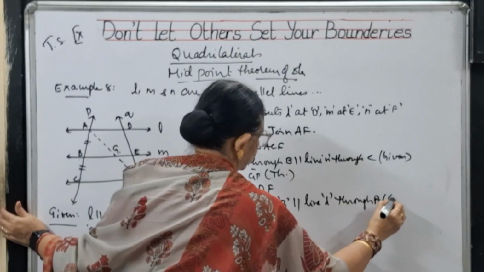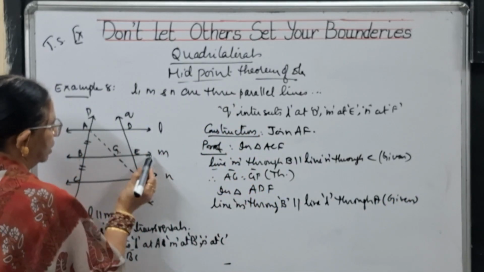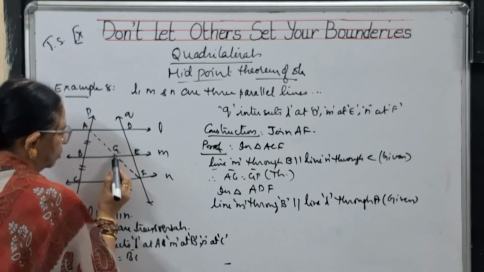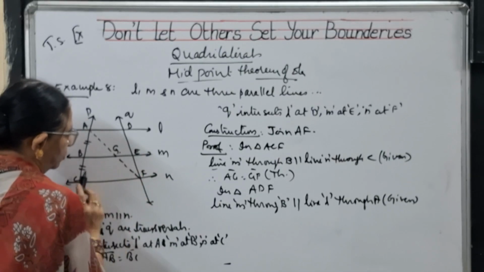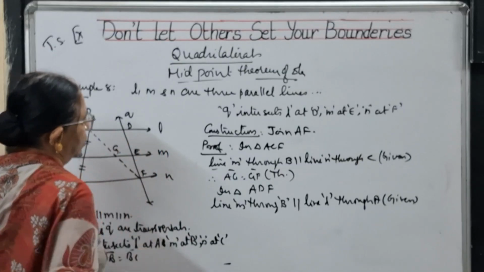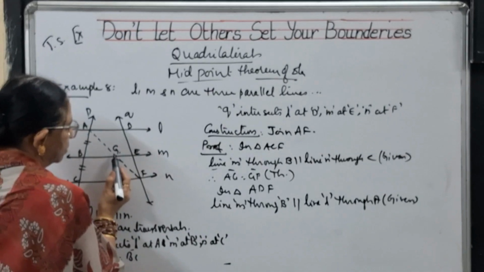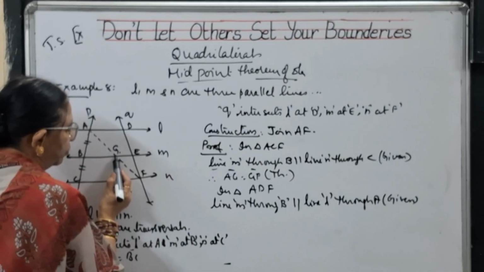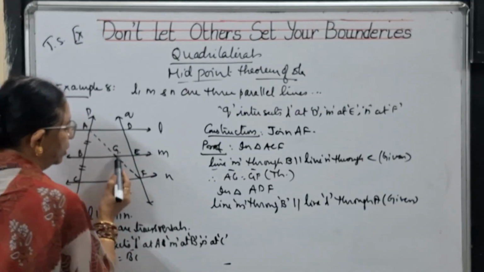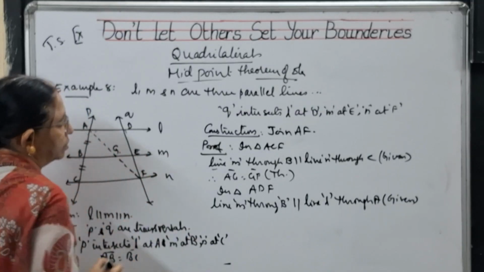Line L through A. This is given to us. Line M through G. G is the midpoint, as we have just proved. M through G is parallel to line L through A. So when it is done like that, what can you say? A line drawn through the midpoint of one side of a triangle, parallel to the other side, bisects the third side.